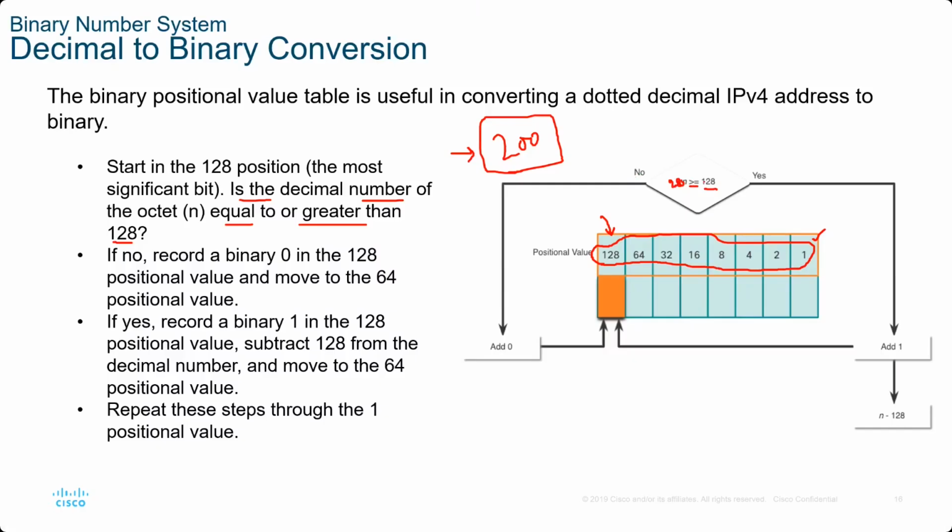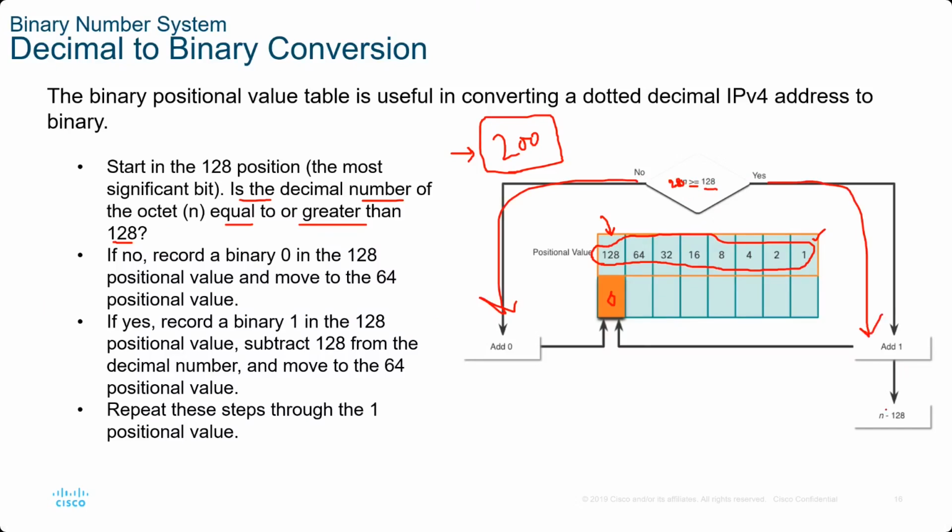If it's not, then you add 0 here. If the number you're trying to convert is greater than or equal to 128, so in our case we have 200, which is true. It is greater than 128.